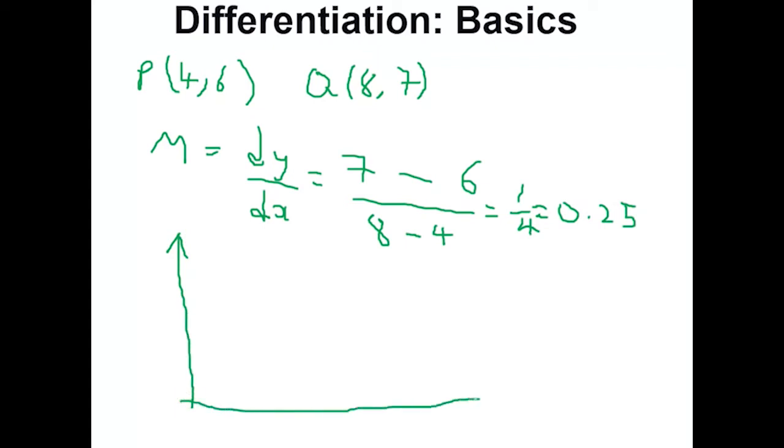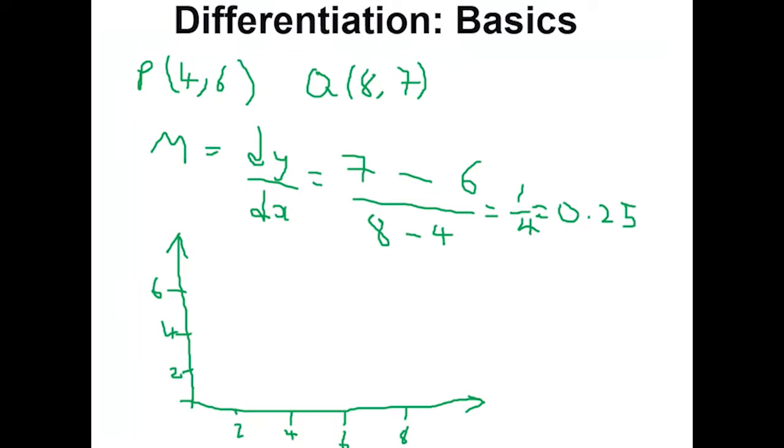That is the gradient from point P to point Q using the points P and Q of the line. If you wish to express it on a straight line graph, you can also draw your graph as the case may be, and pick your scale. Let me use a scale of 2 units: on the y-axis 2, 4, 6, and on the x-axis 2, 4, 6, 8.